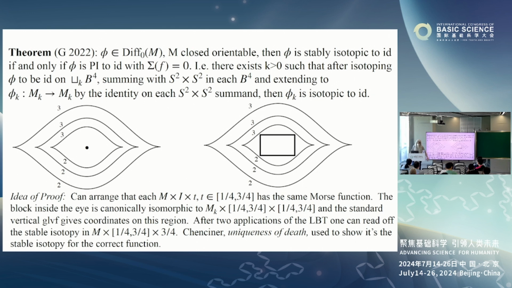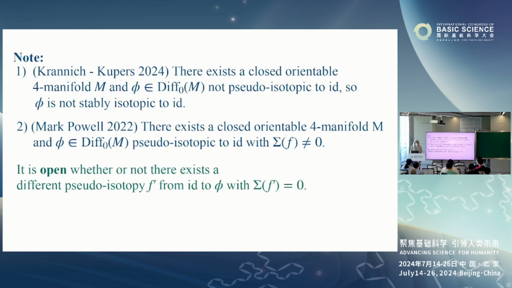So maybe I just have a fancy statement, but sort of vacuous. But thankfully, this recent theorem of Kronheimer and Mrowka shows there's a closed orientable 4-manifold and a diffeomorphism homotopic to identity. It's not pseudo-isotopic to identity. So in particular, here's a diffeomorphism homotopic to identity, but it's not stably isotopic to identity by this theorem.